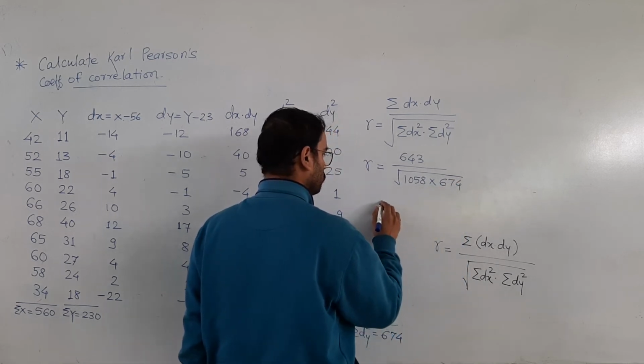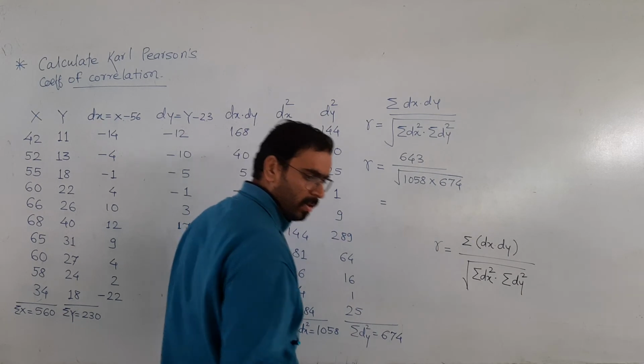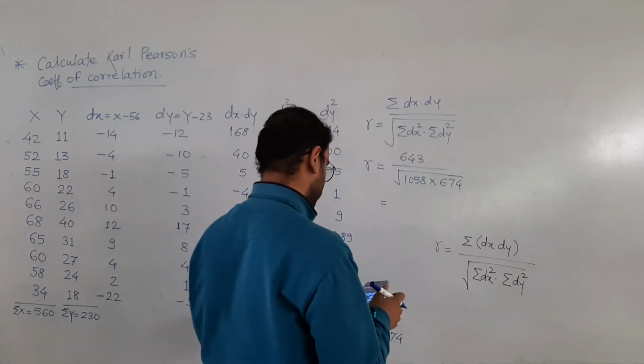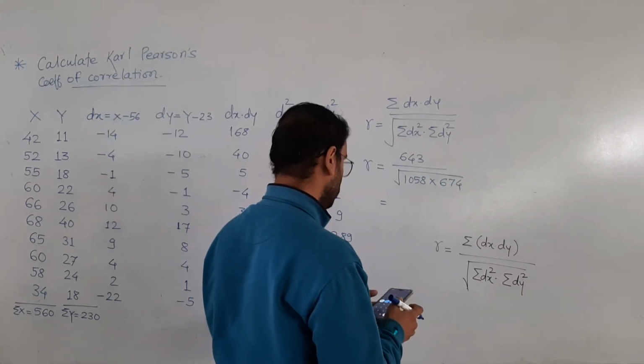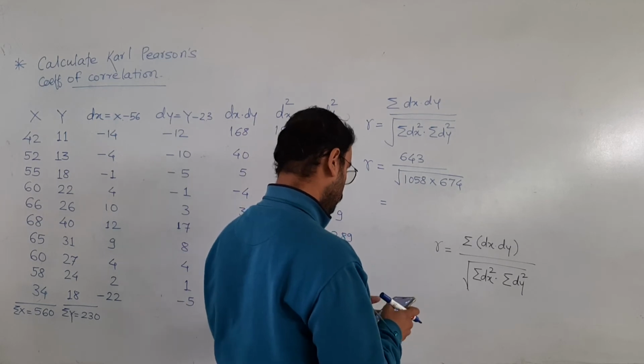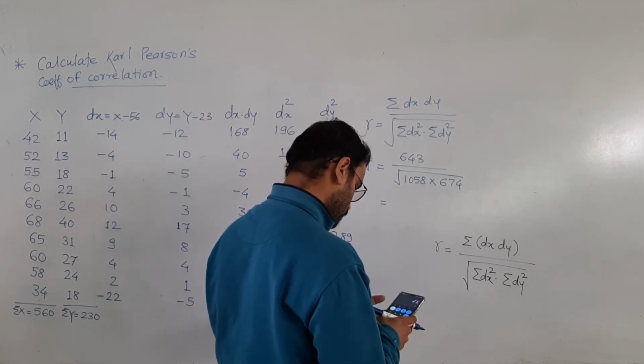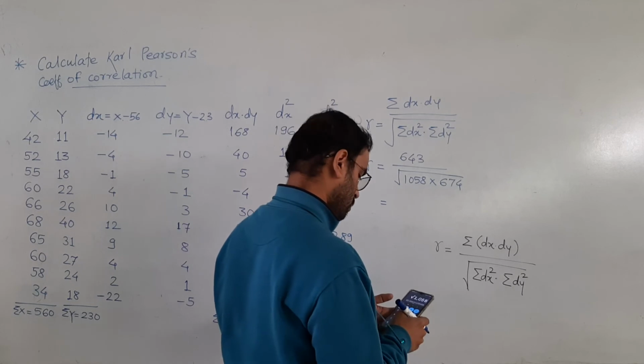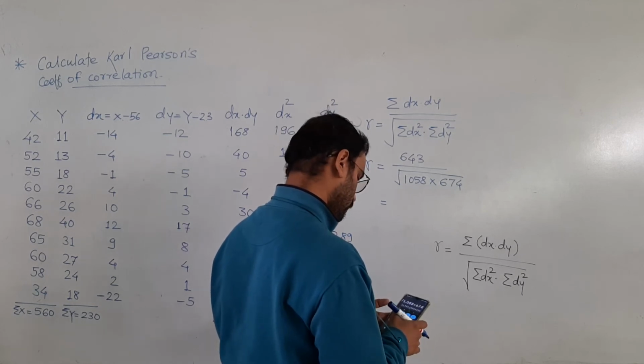Okay, so you just have to calculate this. I am calculating here, under root of 1058 into 674.